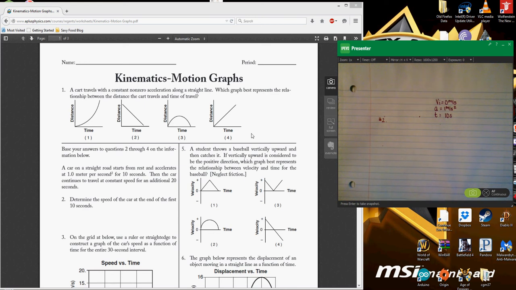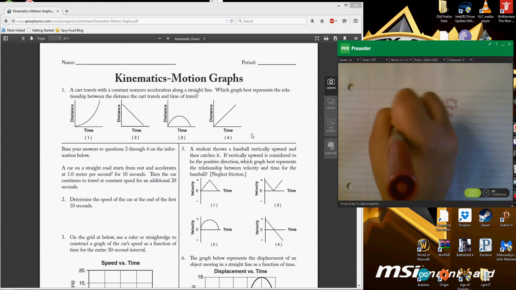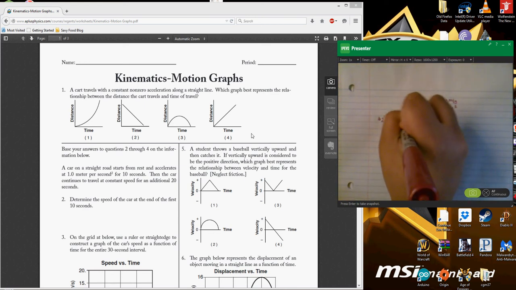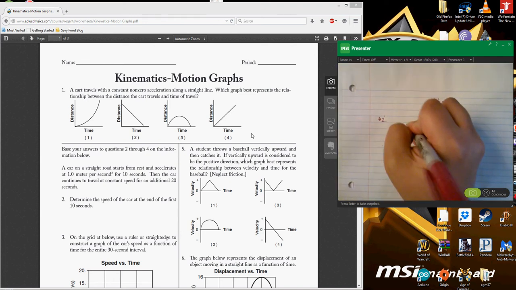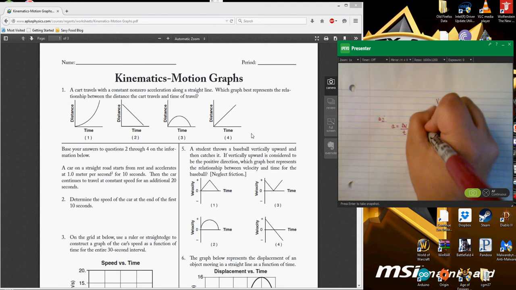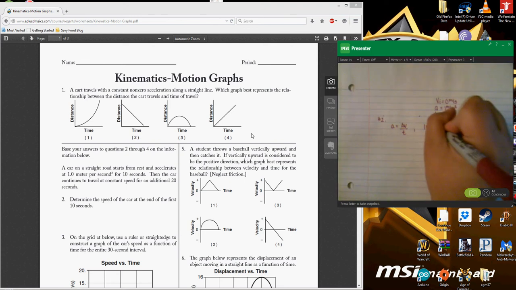So for question number 2, determine the speed of the car at the end of the first 10 seconds. You need to make sure that you know that the equation is acceleration equals the change in velocity over time.